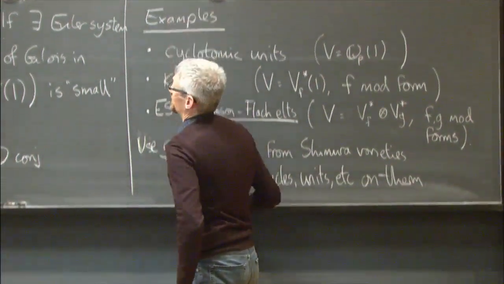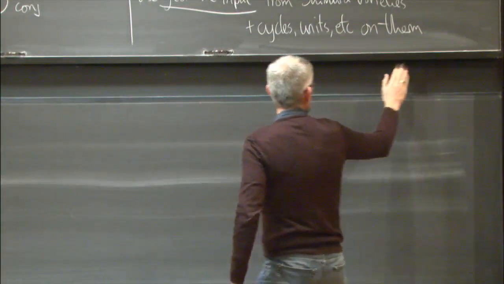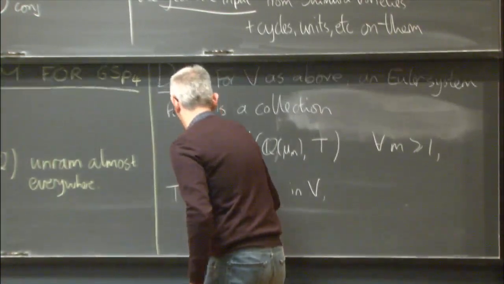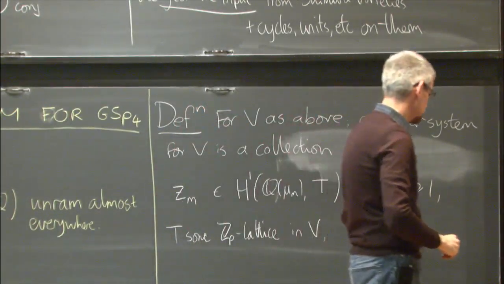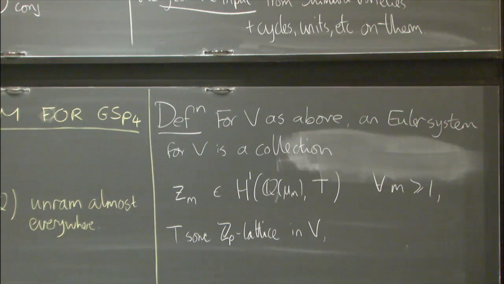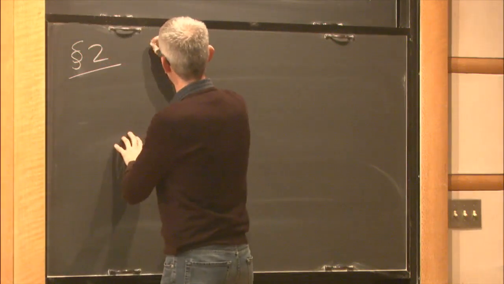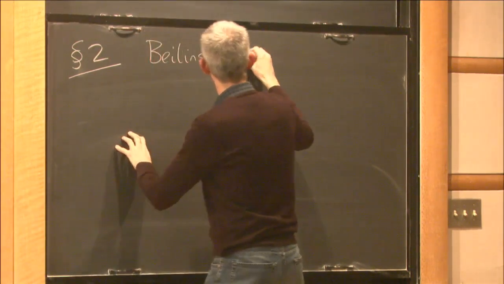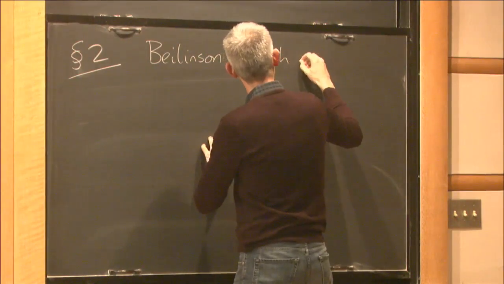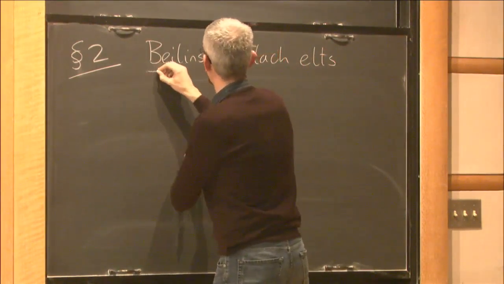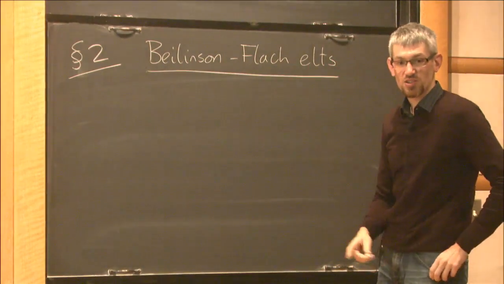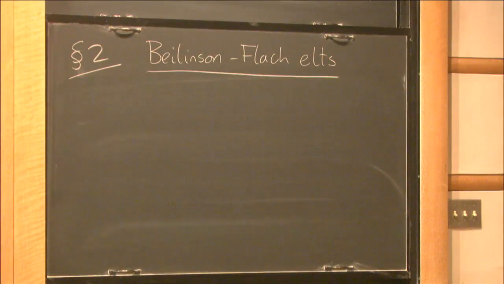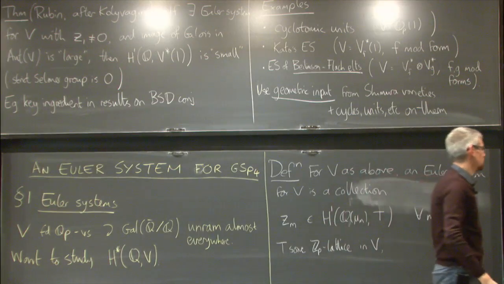So I'll explain the Lemma and Flach case just so you can see in practice what that actually means. So I'm going to explain to you how you construct an Euler system for this representation, the tensor product of the representations for two modular forms.